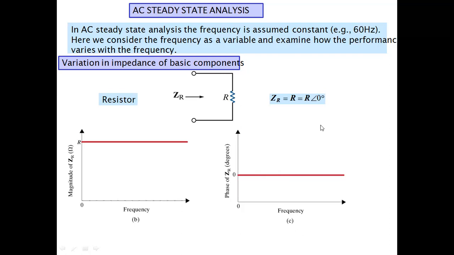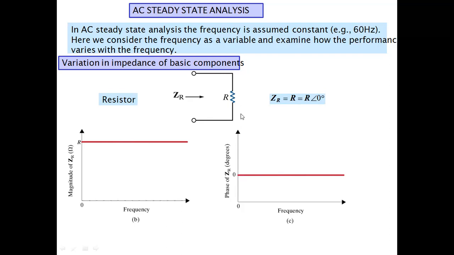At that time we get the impedance of the resistor equal to R, and it is in phase, so we have a 0 degree angle.